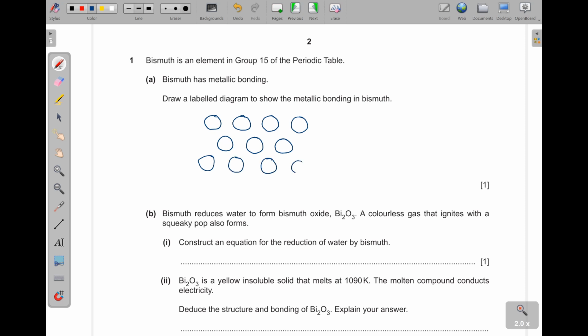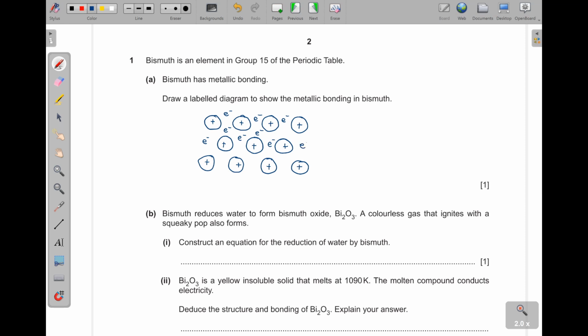So we can draw something like that. Then we put the plus, implying that these are positive metal ions, the bismuth ions. And then in between them, we can put electrons, these delocalized electrons, which are actually negatively charged.